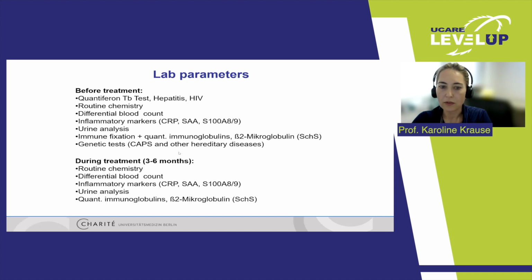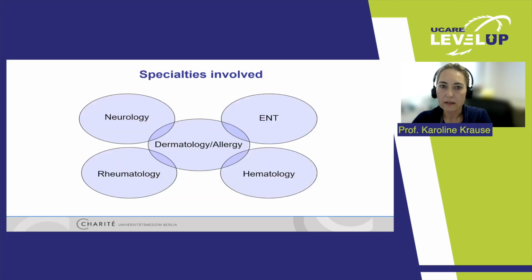During the treatment, every 3 to 6 months, again, routine assessments: inflammatory markers, urine analysis, and quantitative immunoglobulins, and in case of Schnitzler's, again, the microglobulin. So it is always a good idea to work together with other specialties.